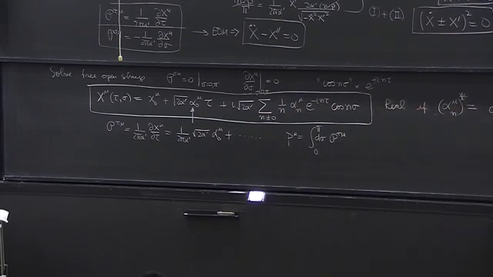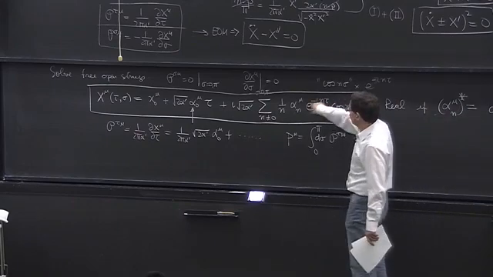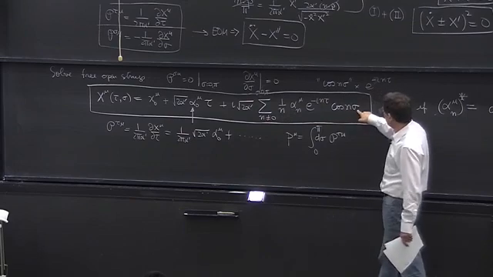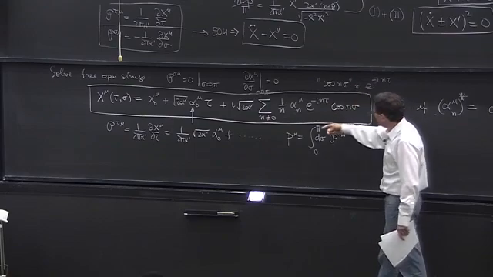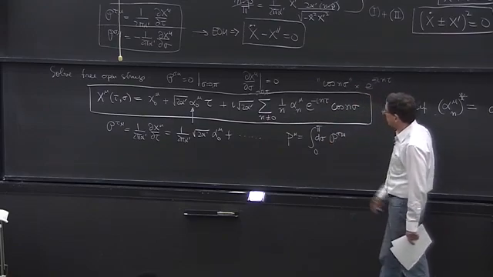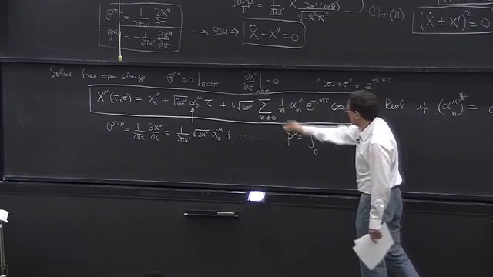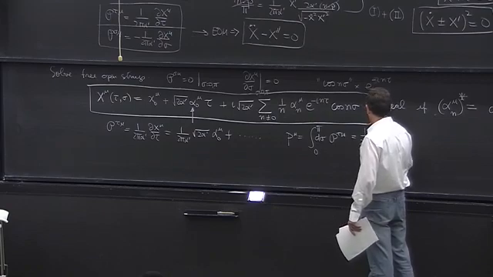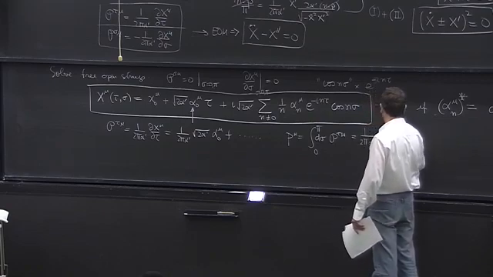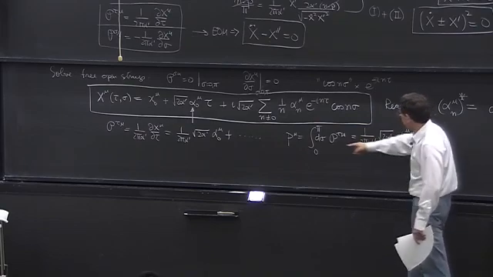Remember, momentum density, so let's integrate it. And when I integrate it, when I differentiate with respect to tau there, all these terms will have cosine of n sigma. Integrated over sigma will be sines, and from pi and 0 you get nothing. So these terms do not contribute to this integral. The only term that contributes is the one we have there, which is 1 over 2 pi alpha prime square root of 2 alpha prime, the alpha 0 mu, and the pi from the length of the string.